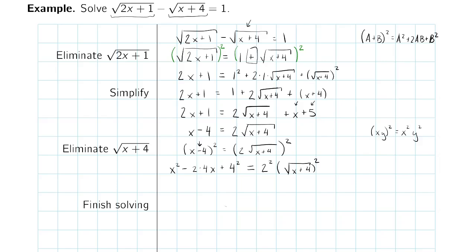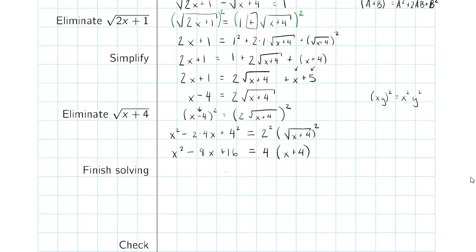So working all this out, on the left I've got x squared minus 8x plus 16. On the right, I've got 4 times x plus 4. And now I have what I hoped to have, an equation with no radicals in it.